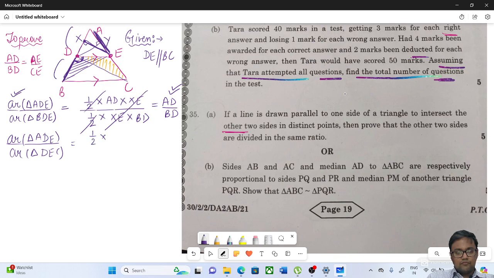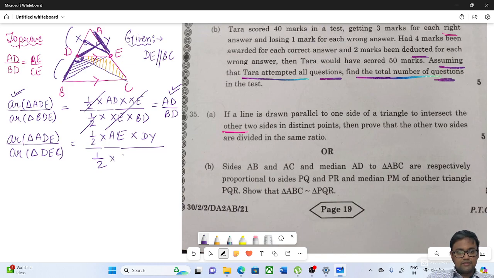So, half into AD, not AD, sorry, it happens when you tend to be quick, AE into the perpendicular falling on AE. Be very careful, DY is the perpendicular which touches the base AE at Y. Now, what is the area of triangle DEC or CED?